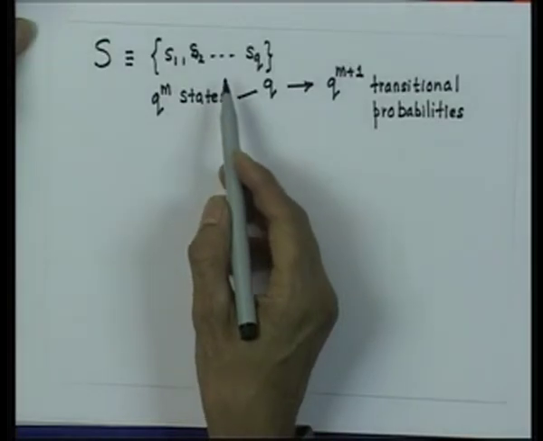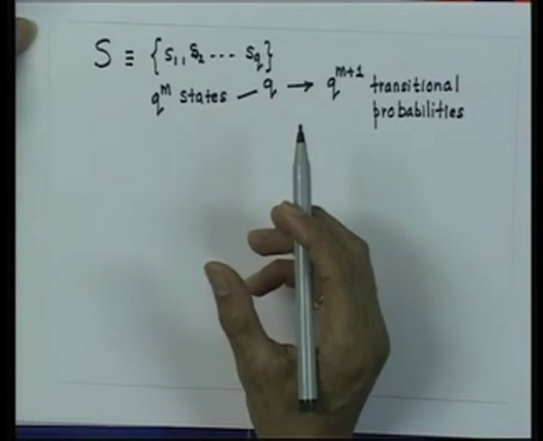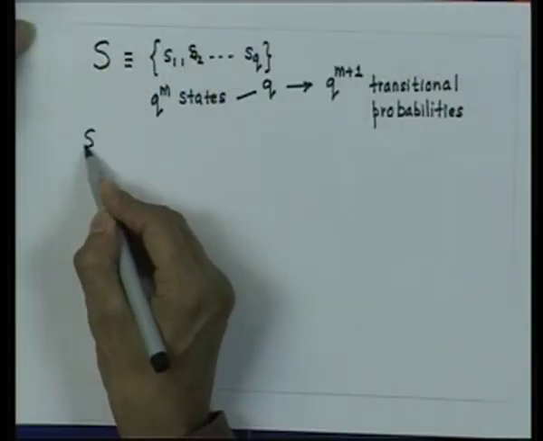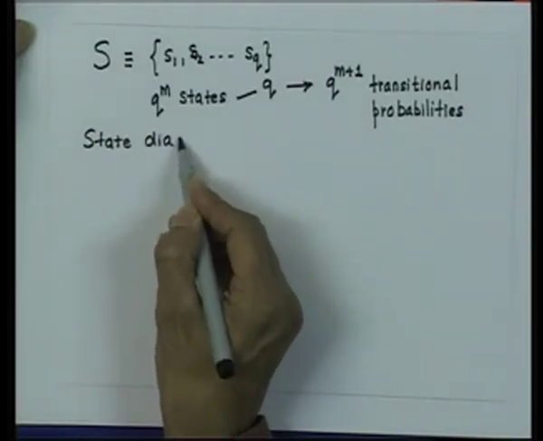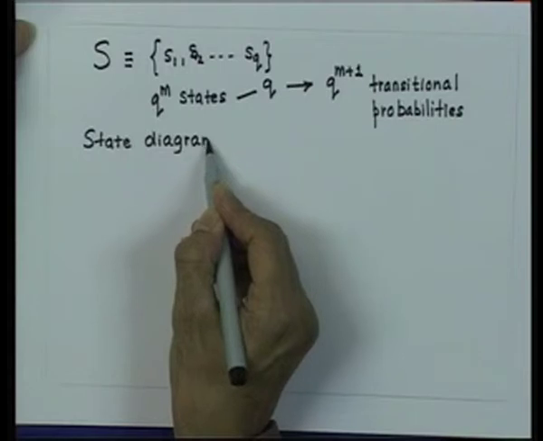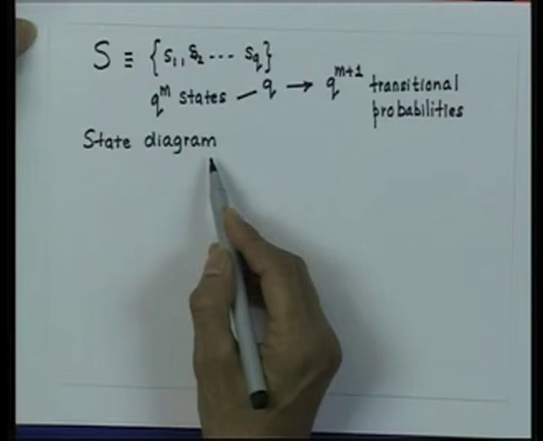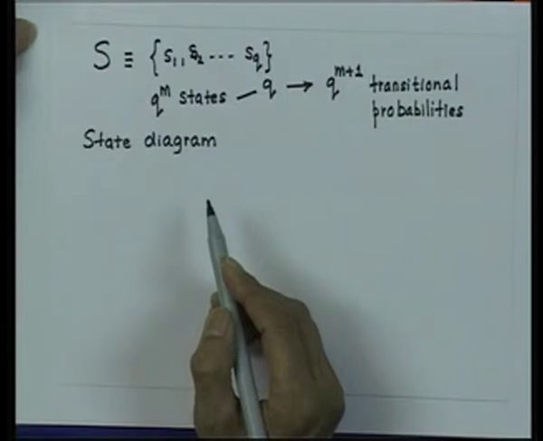How do you depict a Markov source? Is it possible to represent this Markov source in a form which describes the source completely? One way to do that is with the help of what is known as a state diagram. The state diagram basically is used to characterize this Markov source.